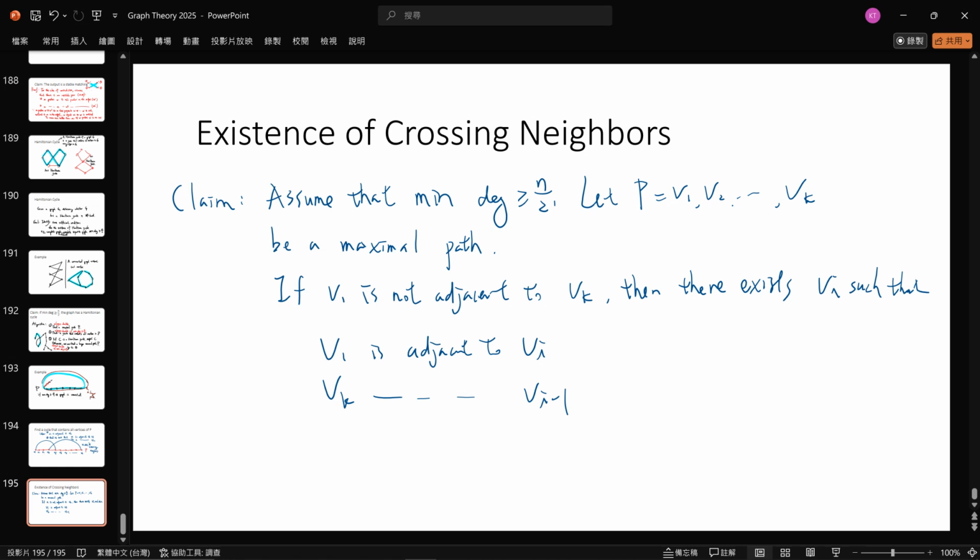So we can use these crossing edges to build a cycle. If we finish the proof, then we finish the analysis of the algorithm.